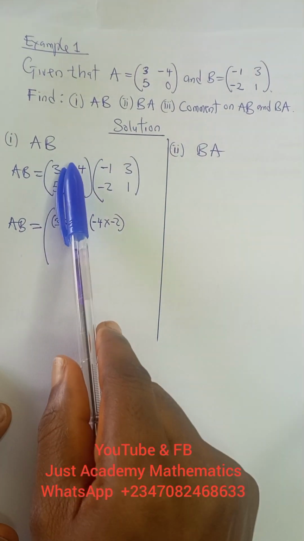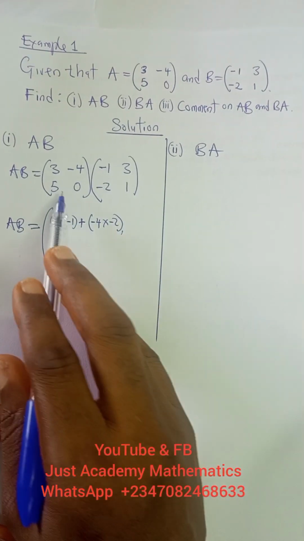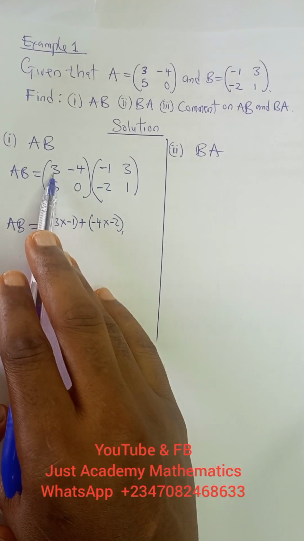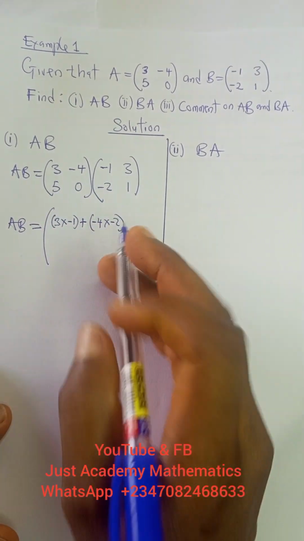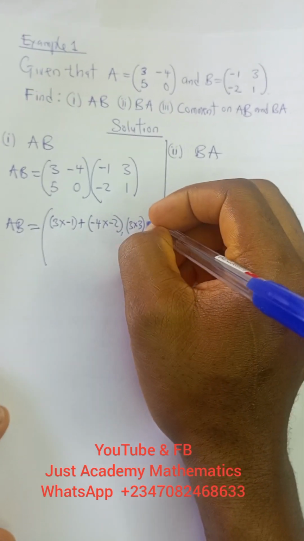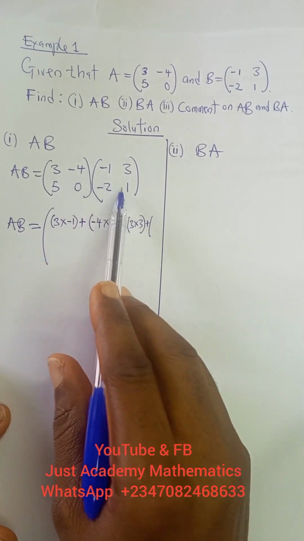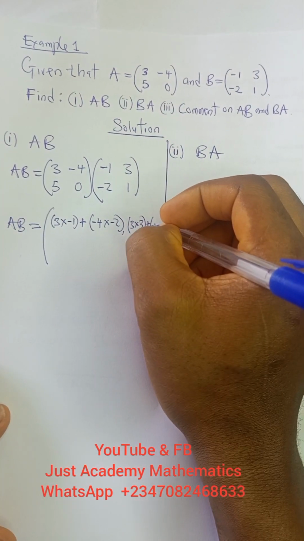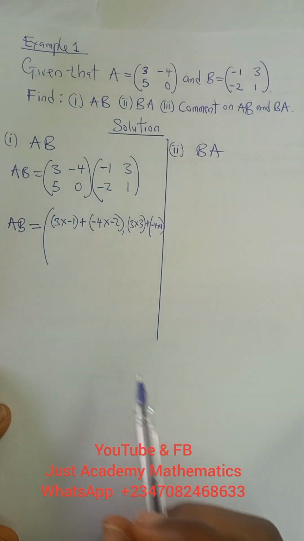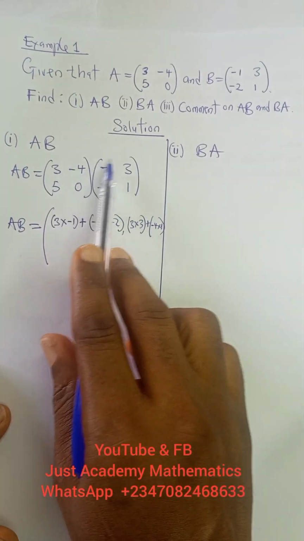That is for this. Unfortunately, I will be needing space here. We are not done with this. This is what we have just done here. The next one is 3 times 3. So we have 3 times 3 plus minus 4 times 1. Now, that is for this first one. This times this, then this one times this one.